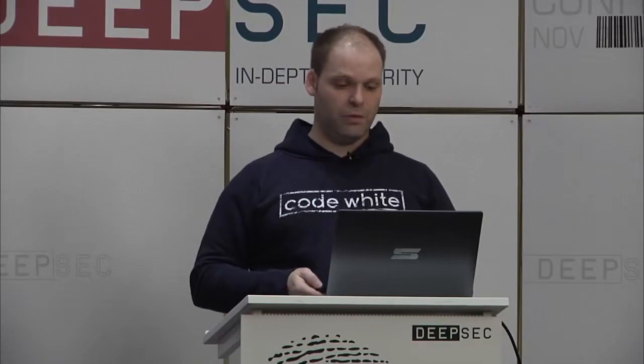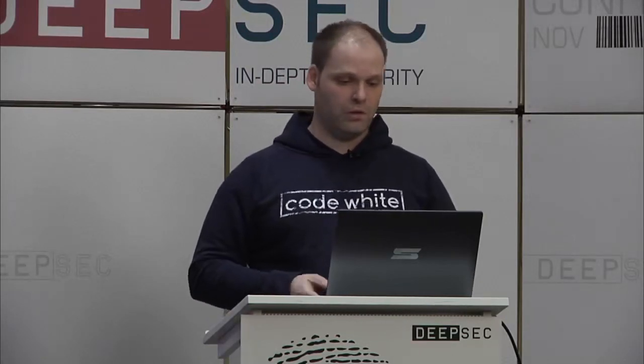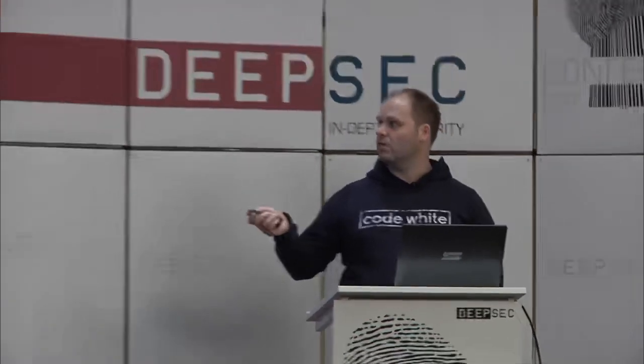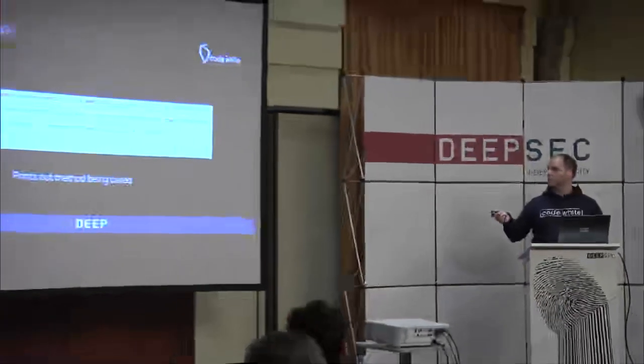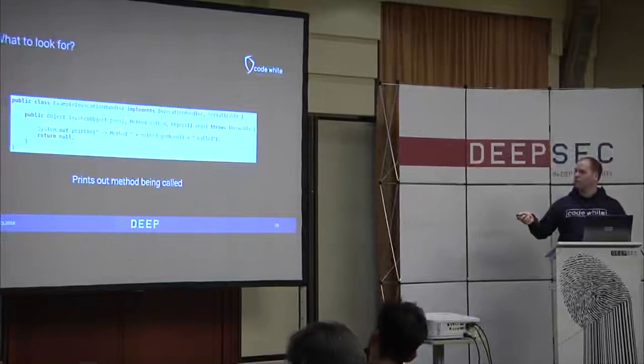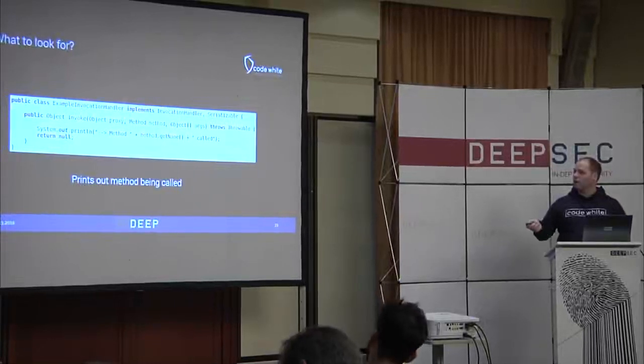And I have an example for you. It's the ExampleInvocationHandler. It implements the InvocationHandler interface. It is serializable. It needs to implement one method, which is the invoke method with 3 parameters: proxy, method, args. And what will happen in this invocation handler is it just prints out which method was called, and that's it.